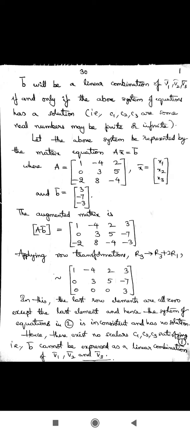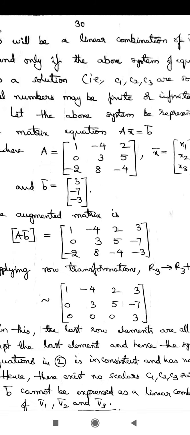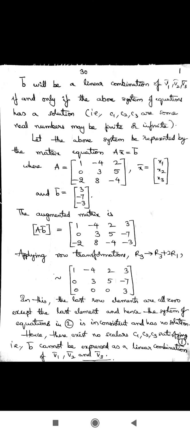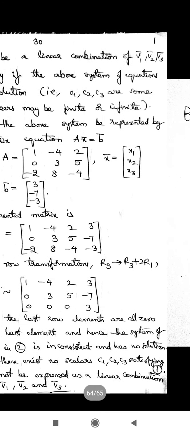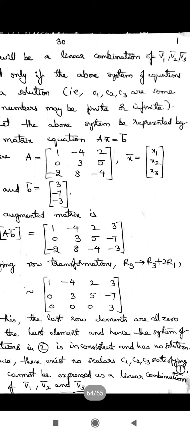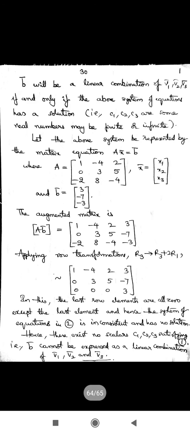No solution means the values for c1, c2, c3 cannot be found as real numbers. So there exist no scalars c1, c2, c3 satisfying equation 1. That is, b bar cannot be expressed as a linear combination of v1 bar, v2 bar and v3 bar.